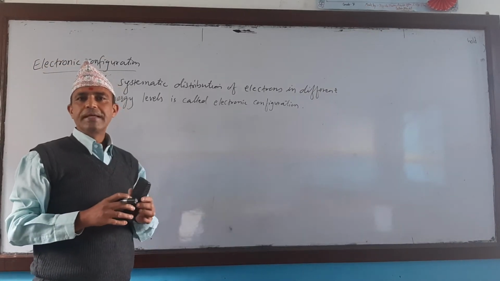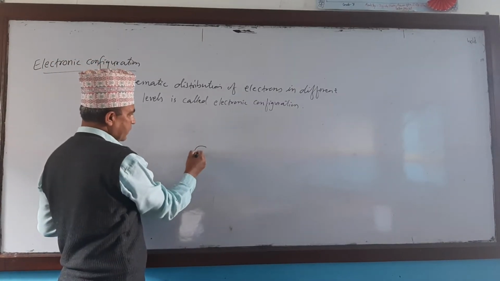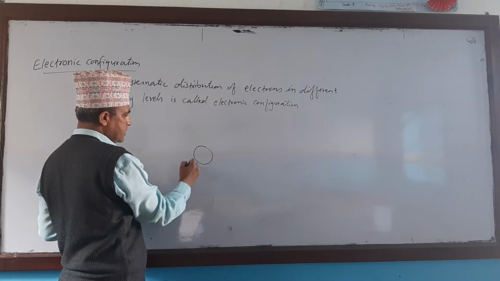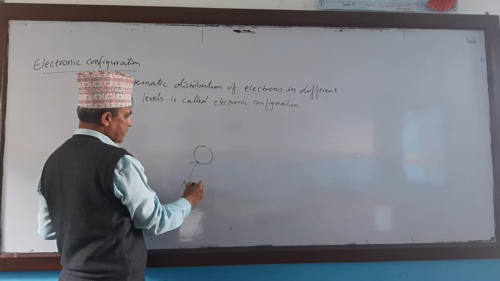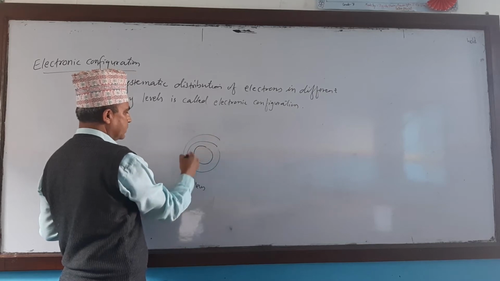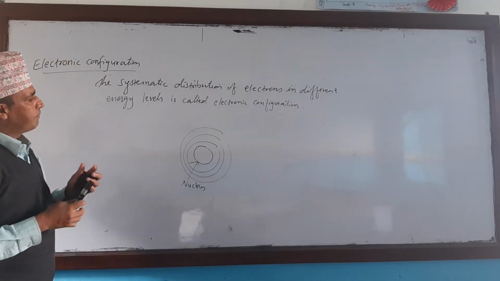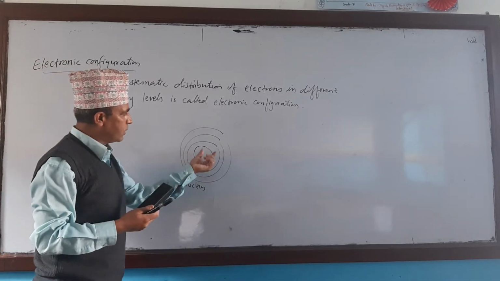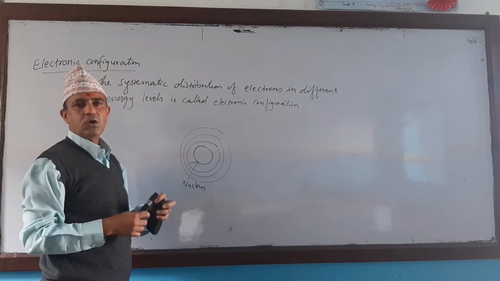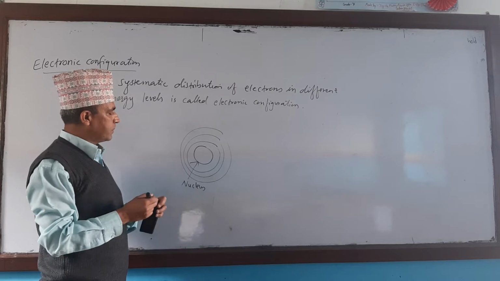You know, electrons are present in atoms. The central part of the atom is the nucleus, and the outer part is called the electron cloud. These electrons revolve around the nucleus in a spherical path that is called a shell or orbit.